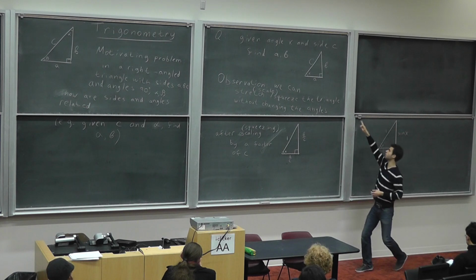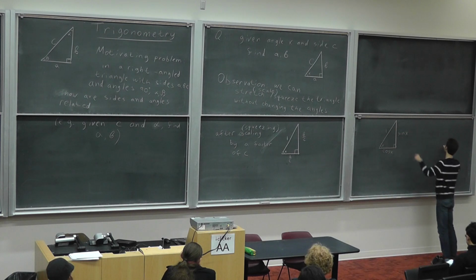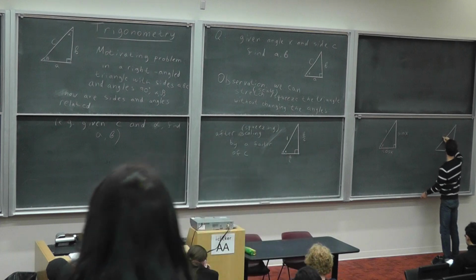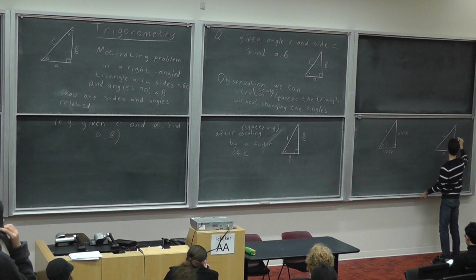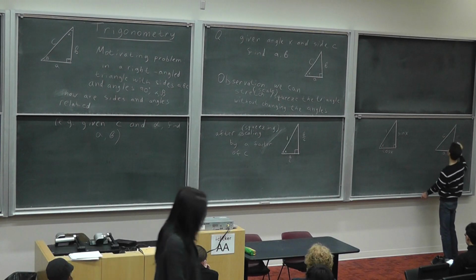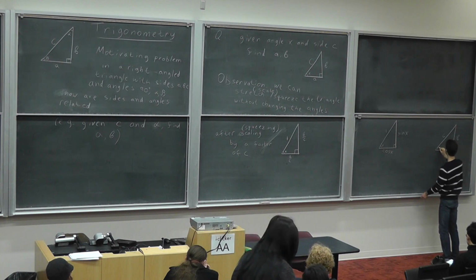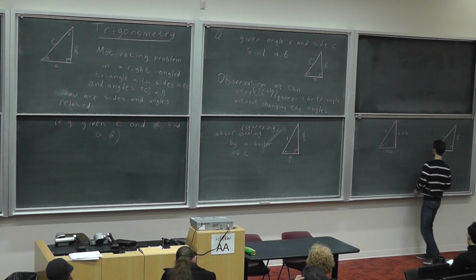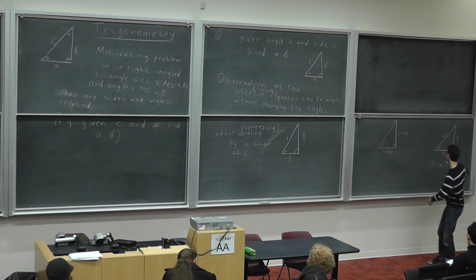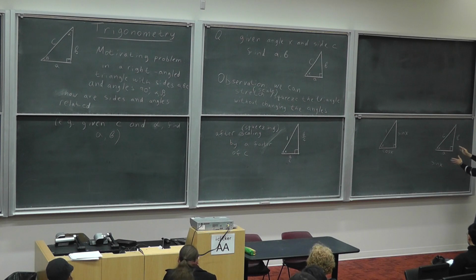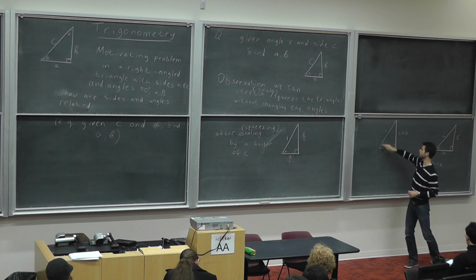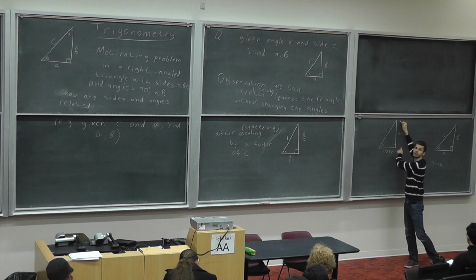Or, if we go back to this picture, the side lengths are A, B, and C, and the angle x. If you scale this triangle by a factor of c, you'll get a triangle with hypotenuse 1. Now we have a name for this length.